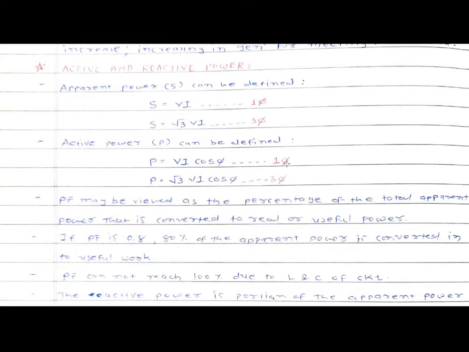So 0.8 power factor means only 80% of the apparent power will be converted into useful work. Power factor cannot reach 100% due to the L and C of the circuit. L and C means the inductor and the capacitor of the circuit. So power factor never becomes 100% or 1.